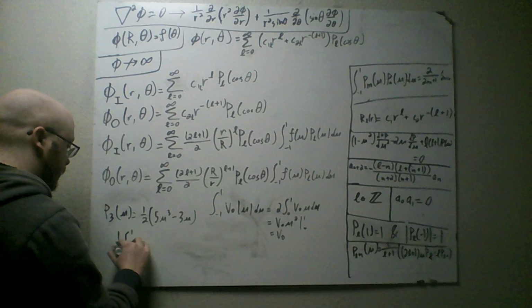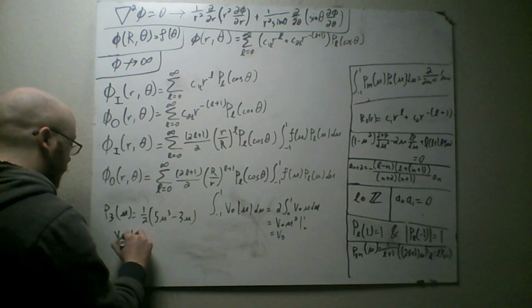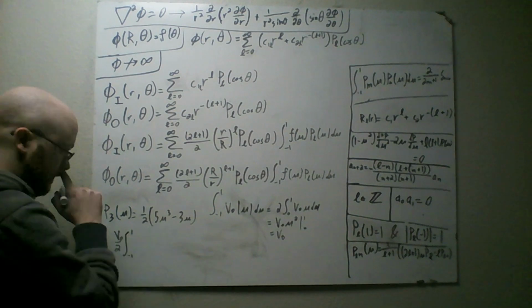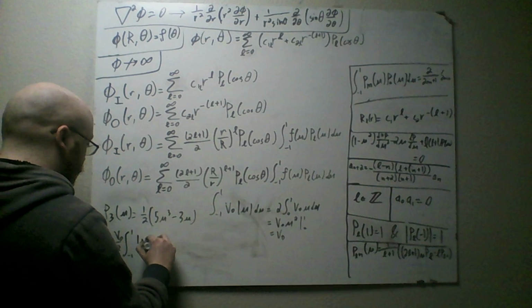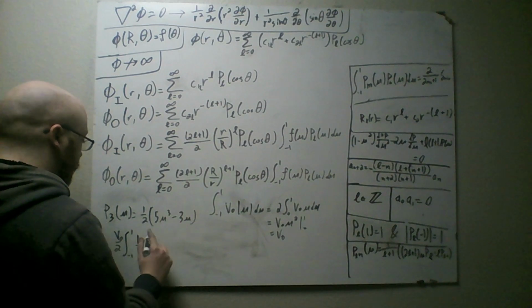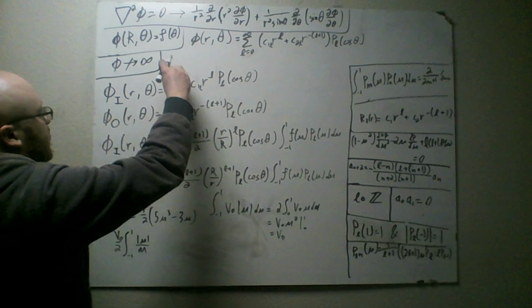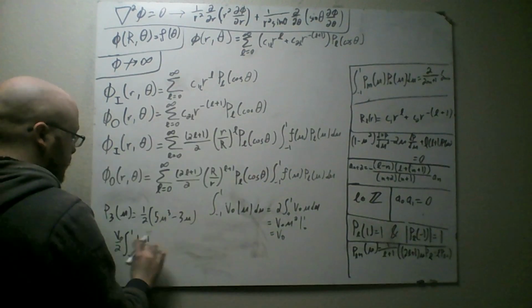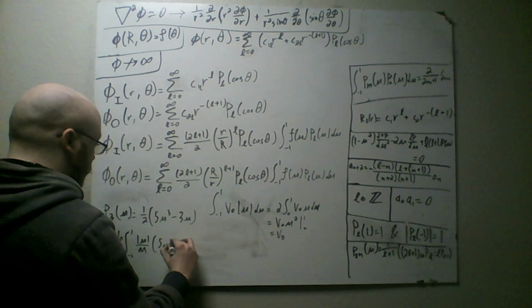We'll bring the 1/2 out, and we have a v naught out front as a constant. So then we end up getting the absolute value of mu over mu. That's the top half is positive, bottom half is negative. That's what this part is, times 5 mu cubed minus 3 mu.